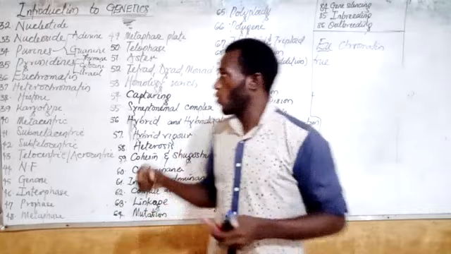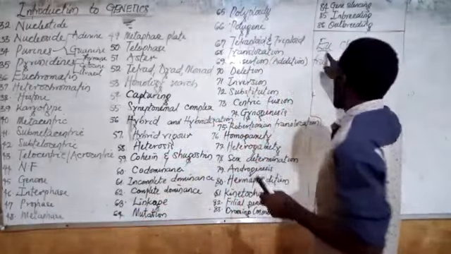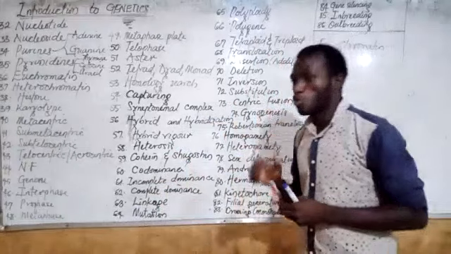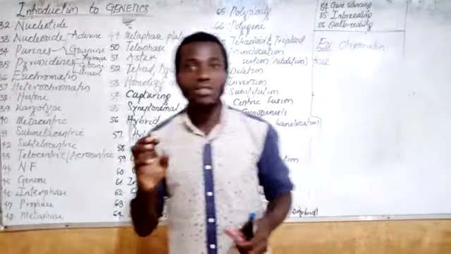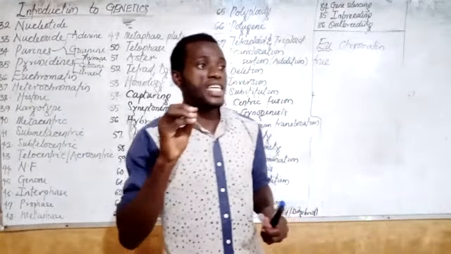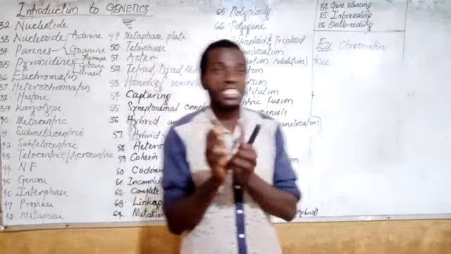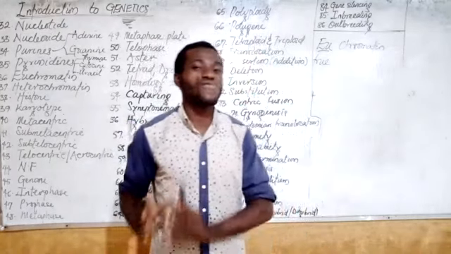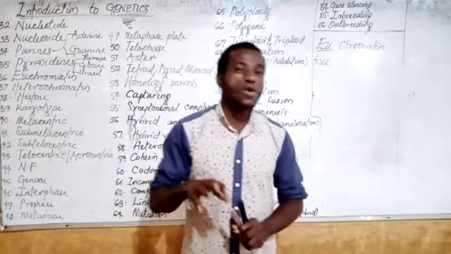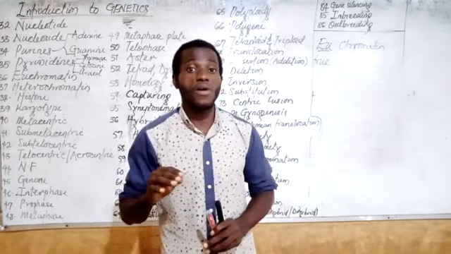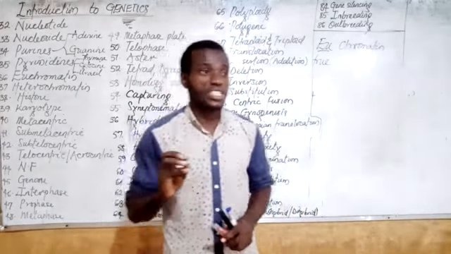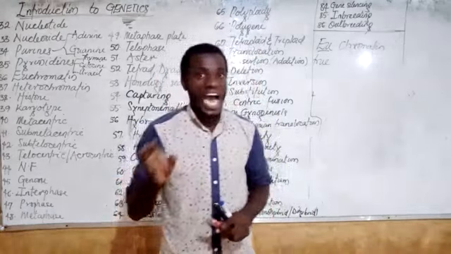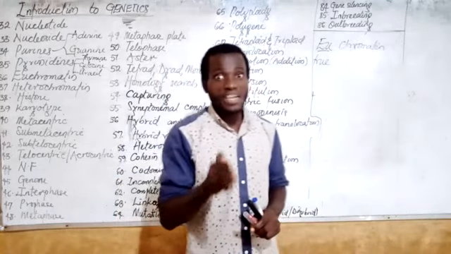Uncoiled strand. So that uncoiled strand, when it is called eu, is to show that it is truly chromatin, meaning that it is the uncondensed form. It is a form that is weakly stained, so it is not easily recognizable, and it occurs in the interphase stage.